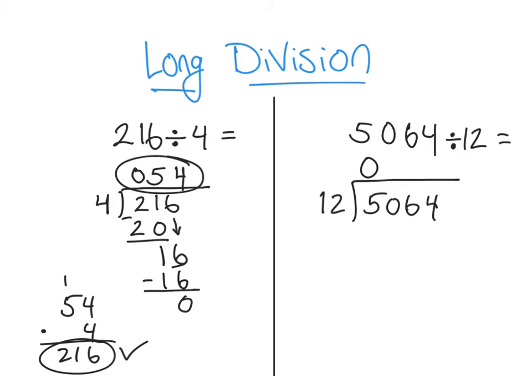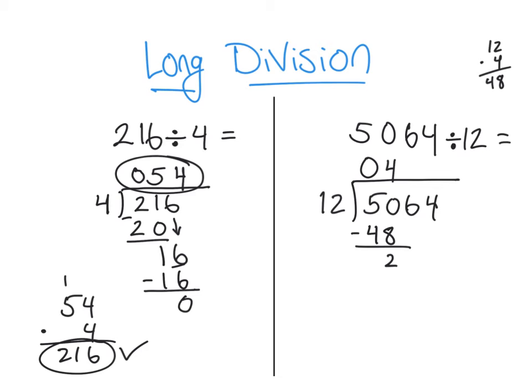Okay, so 12 goes into 50, and it goes in 4 times. So if you don't know what 12 times 4 is, you might need to do a little bit of math off on the side. But we should know that 12 times 4 is 48. And so that's what I'm going to subtract from my 50. And 50 minus 48 is 2.